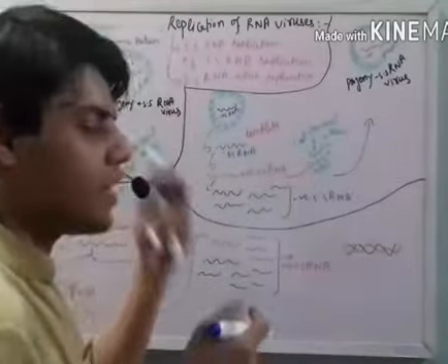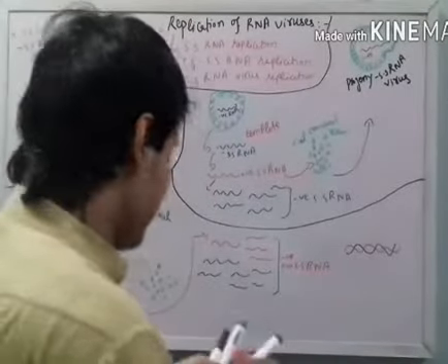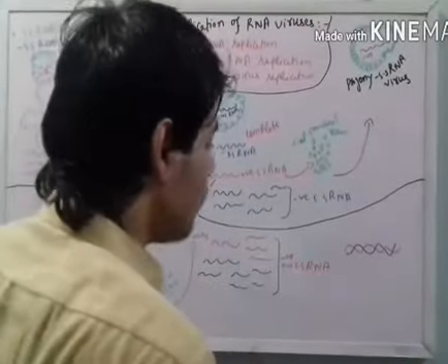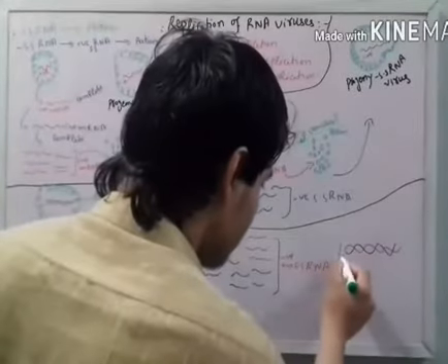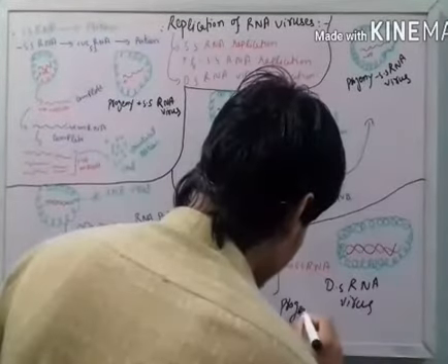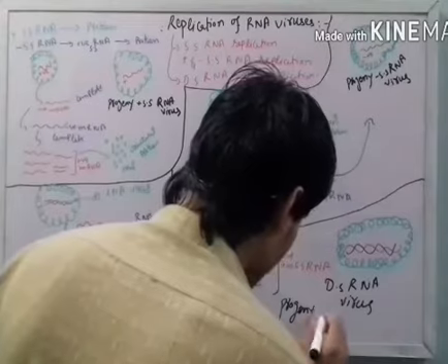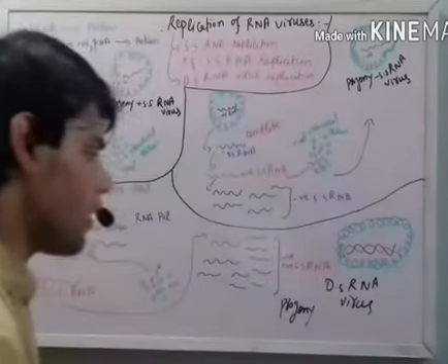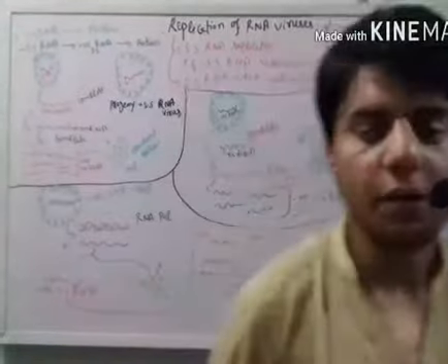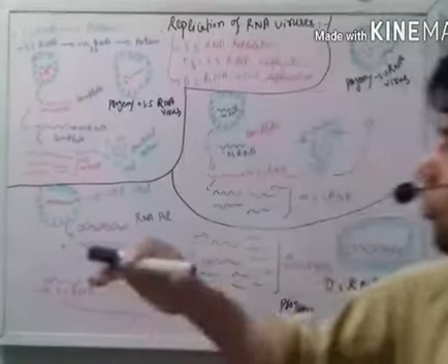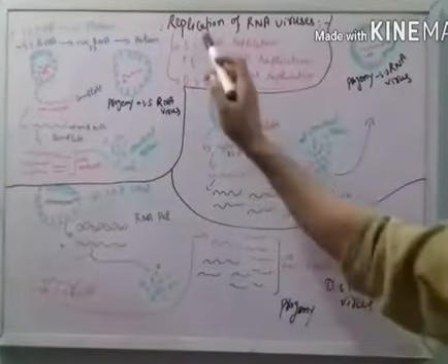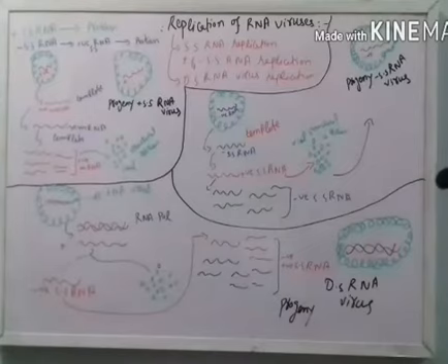Now this is double-stranded RNA. And finally, this protein will surround it and make a capsid. Why do we call it progeny? Progeny means copy. We get the progeny double-stranded RNA virus. So that's in a sense the replication scheme of the RNA viruses.